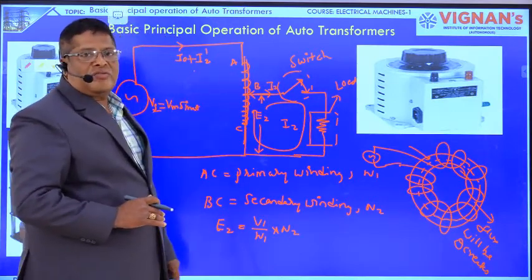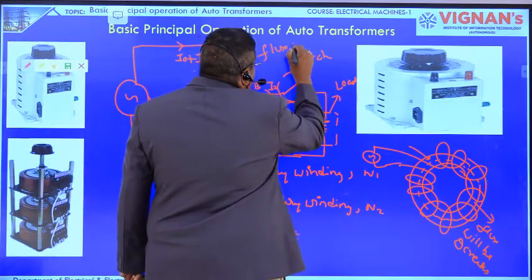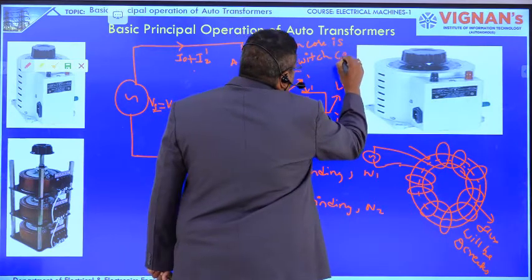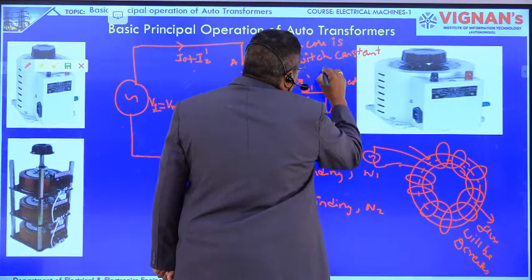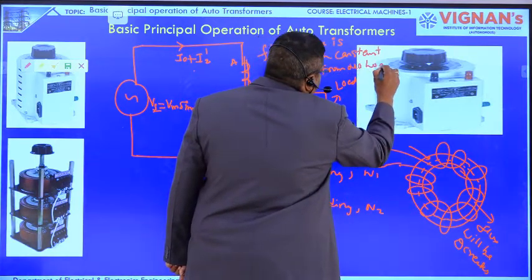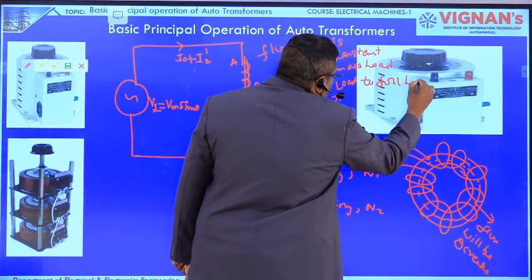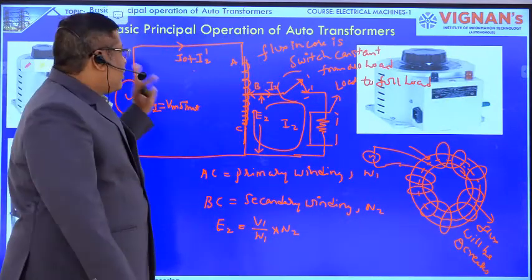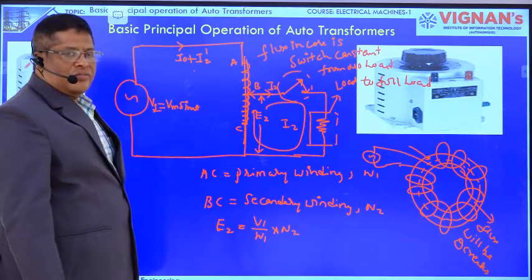The flux in the core is constant from no load to full load. This is the operation of an auto transformer.